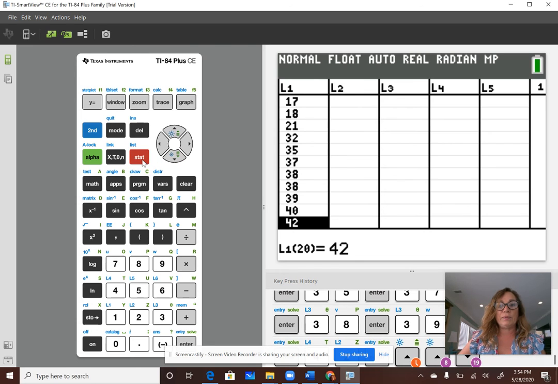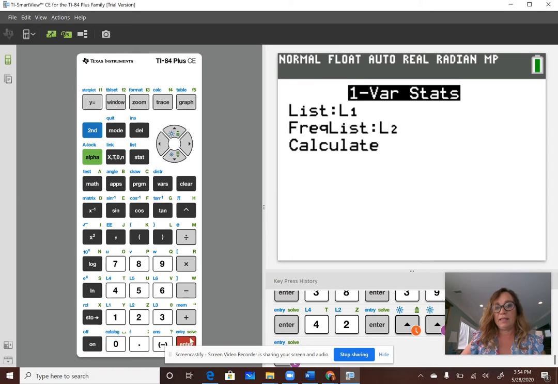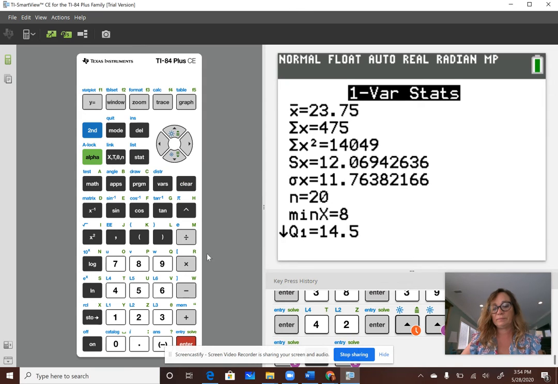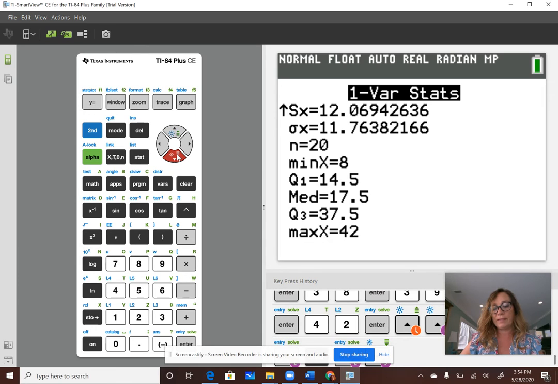All right, so stat, arrow over to calc, one var stats, and the frequency list is no longer there, so you can just hit clear or delete and calculate. Okay, so for the 5-number summary, you have to scroll a little bit to the bottom. So I'm just going to write these down so I don't forget them.